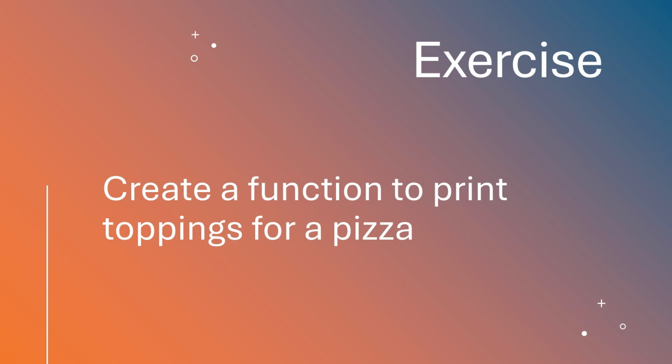Like I said in the previous page, we need to use parameters to get a variable. So that topping needs a variable and a parameter. Pause the video if you want to do it yourself. I'm going to the solution. 3, 2, 1.